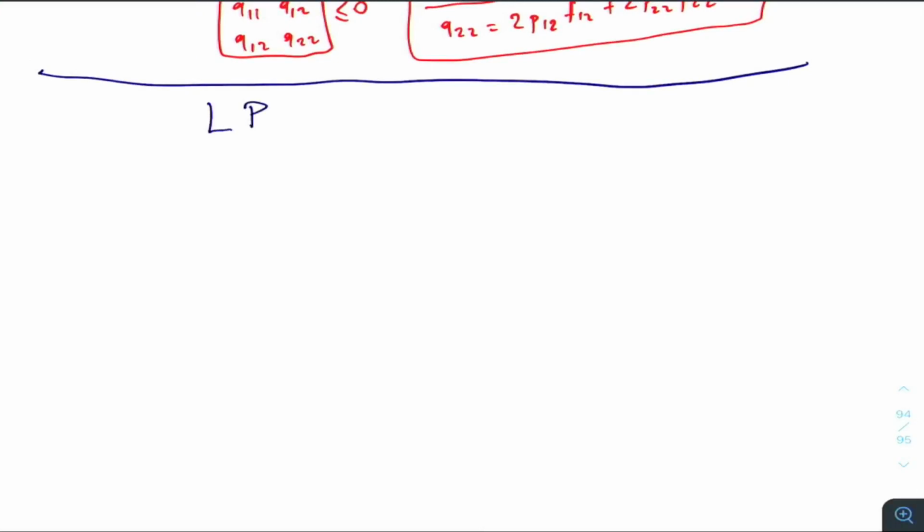Again, linear programming is the name of an optimization problem, and again we are going to parameterize our V of x. I'm going to call it M1 transpose x p, M2 x, and you want this polynomial to be like this.